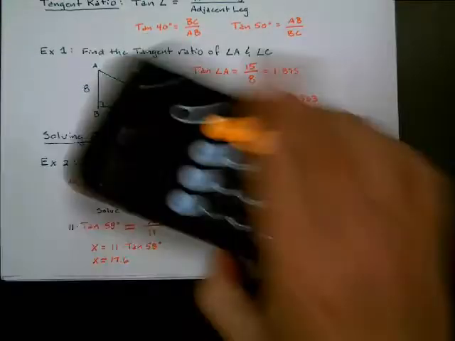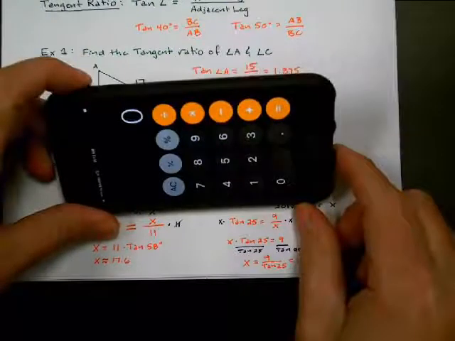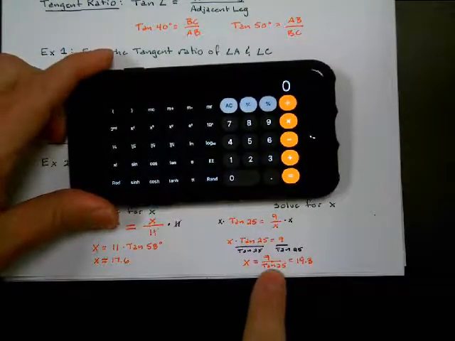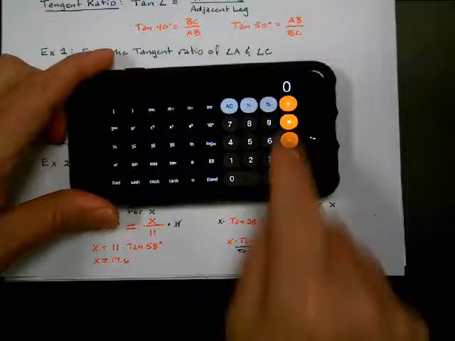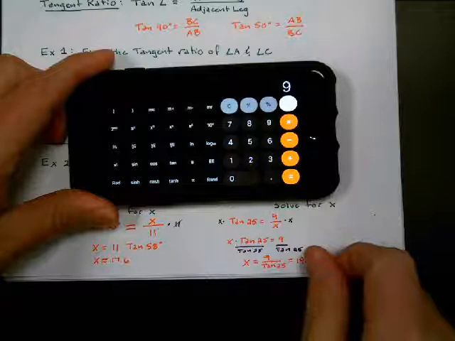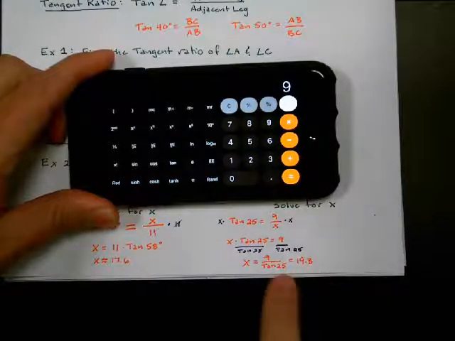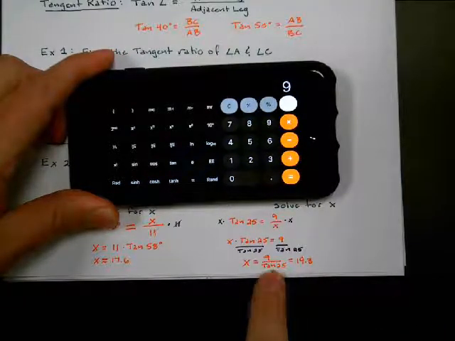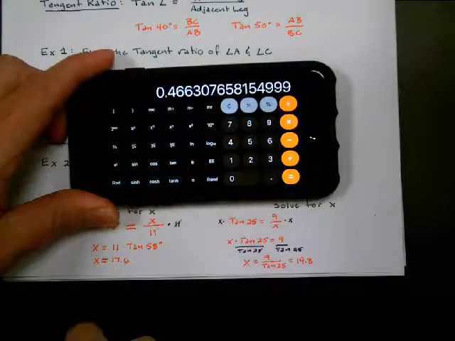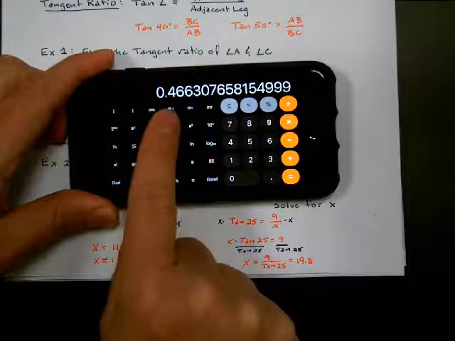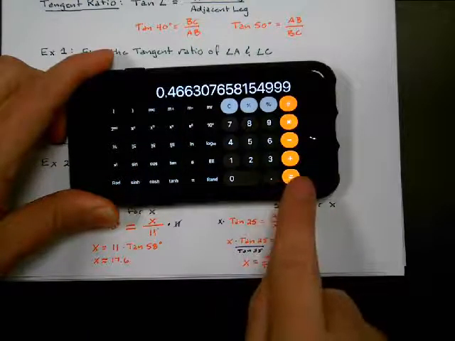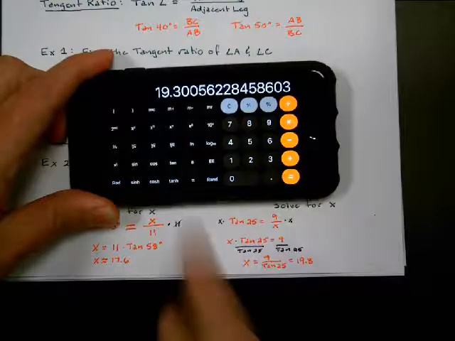So on this one, when we have division, we actually do have to put the 9 first. So we're going to do 9 divided by, now this is where it gets a little freaky. You do 25 tangent. That's not your answer. That's what the tangent of 25 is. So now you have to hit the equal button. Equals 19.3. There's that same answer that we got there.